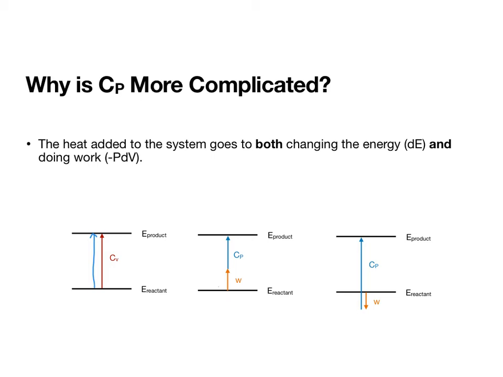So if our work is helpful, in this case positive, then our CP is going to be smaller than our CV because our work is helping us reach our final answer. But it's also possible that work hinders us, thus making us have to add even more energy to reach the final product.